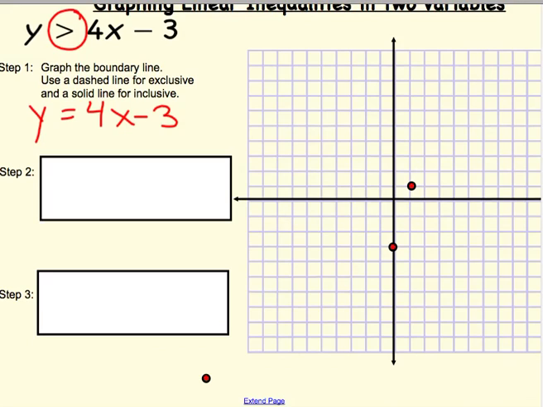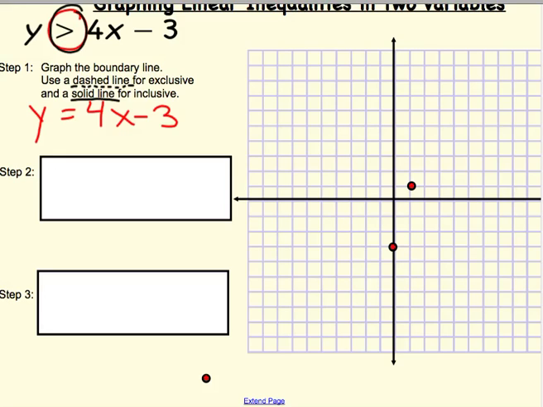And then when I graph the line, we want to remember when we graph inequalities with one variable, we use an open circle and a closed circle. Now what we're going to do is use a dashed line or a solid line. So if it's exclusive, we're going to use a dashed line. And if it's inclusive, we're going to use a solid line. So if we look at the inequality, that is clearly exclusive.